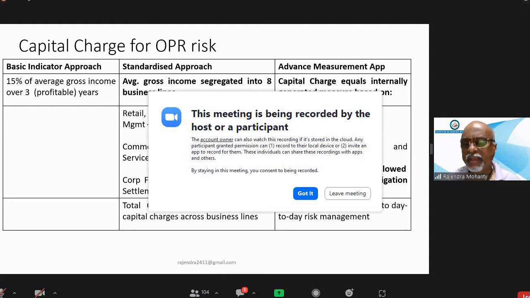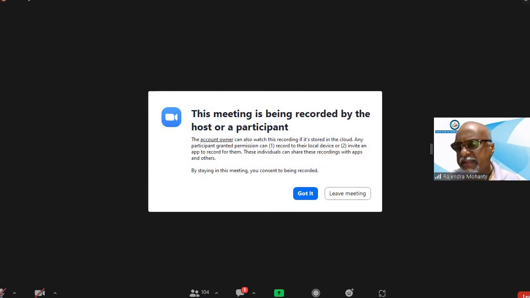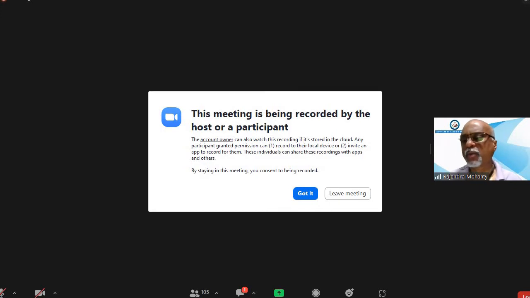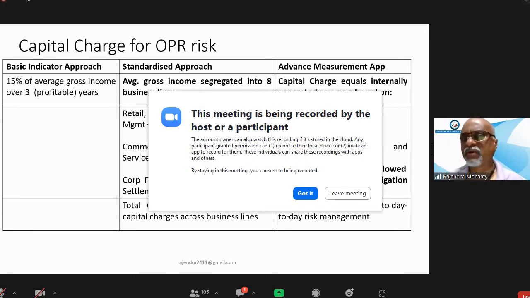operational risk, where risk mitigation is allowed in operational risk, because risk mitigation for operational risk is a process which can be done through insurance only. So risk mitigation up to 20% is allowed under this process.